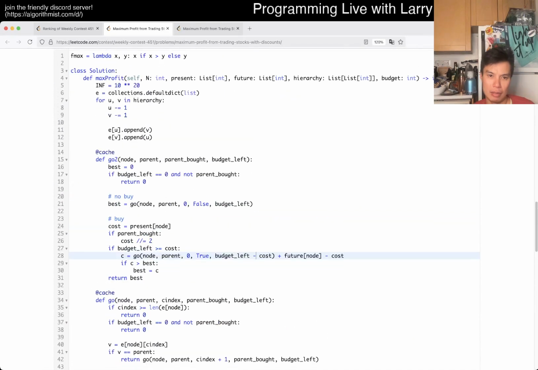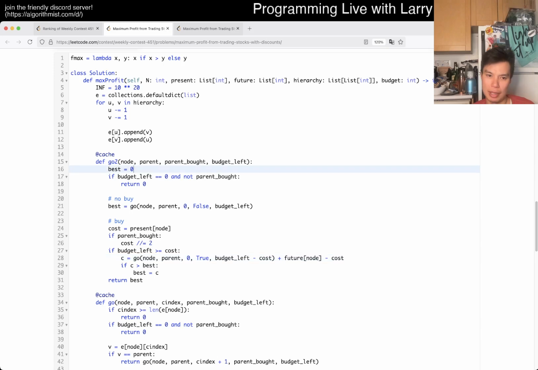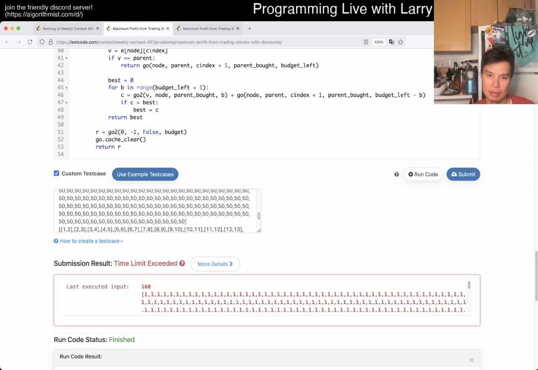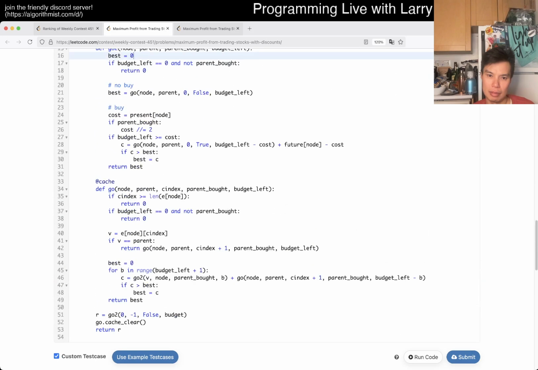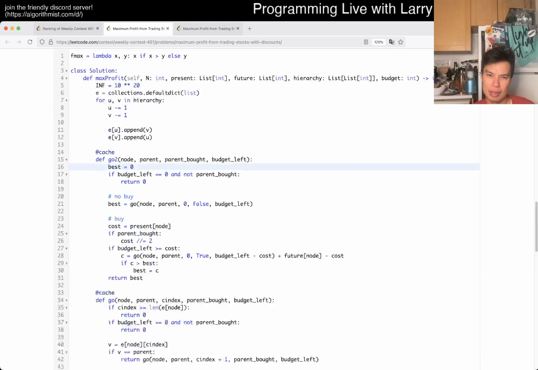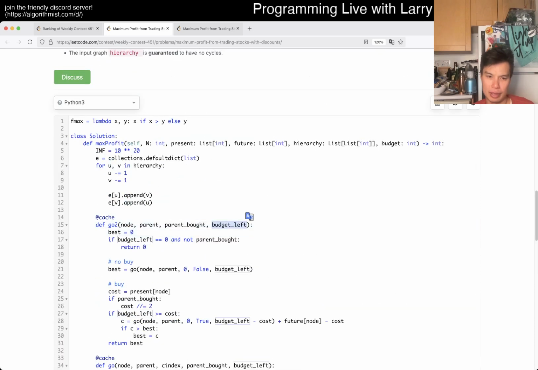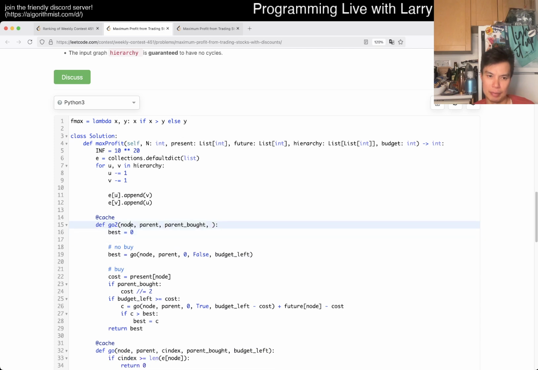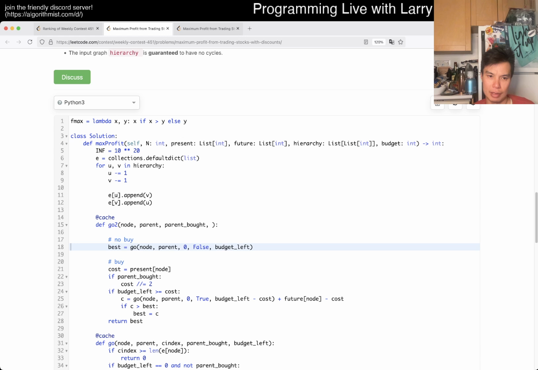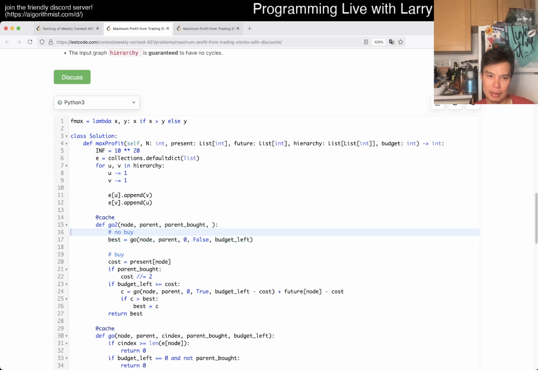But now what we want is, instead of budget left, this just returns all the things that it costs. Maybe how would that look like? Okay, so we don't buy, then we have, I don't know, just call it no buy. So this would give us, I don't know, a table, right?